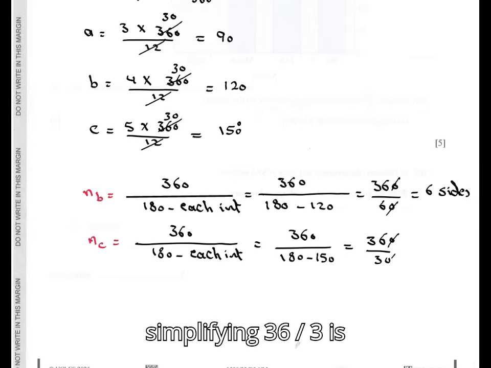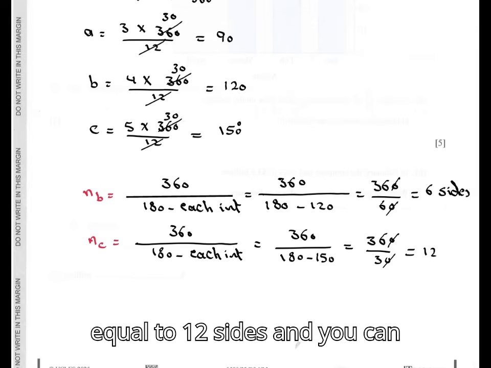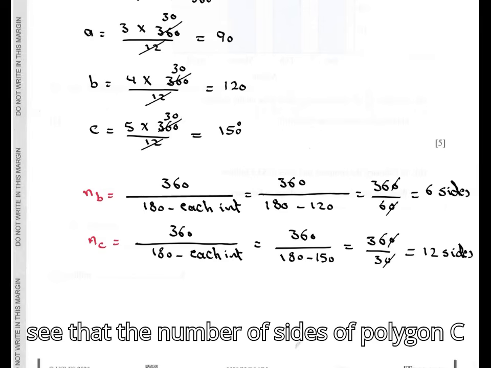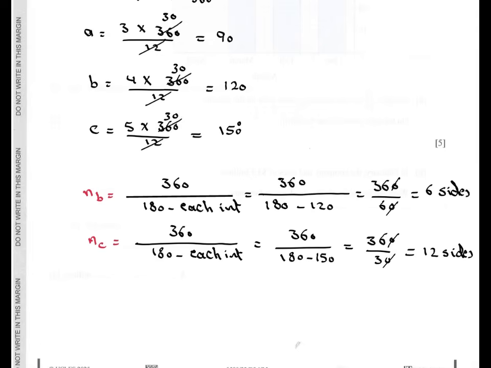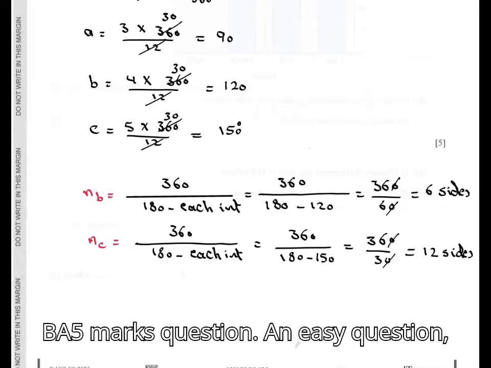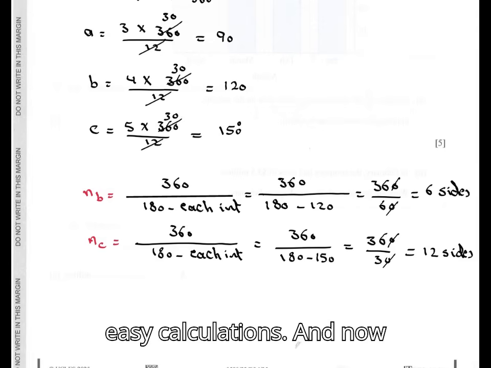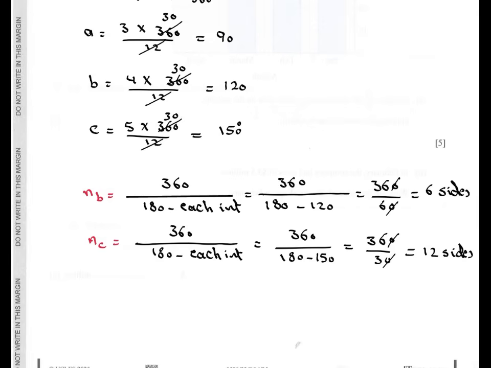By simplifying, 36 divided by 3 is equal to 12 sides. And you can see that the number of sides of polygon C is twice the number of sides of polygon B. A 5 marks question, an easy question, easy calculations. And now let's go to the next question.